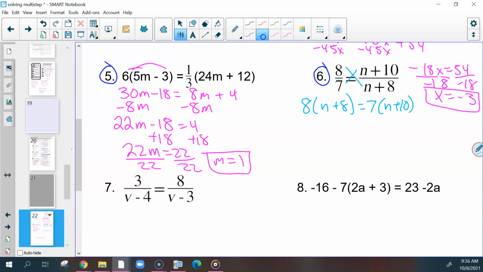Don't call me at midnight is to solve this. When we have two fractions that are equal to each other, what are we supposed to do? Cross multiply. The words you need to keep in your brain. And you can multiply diagonally.